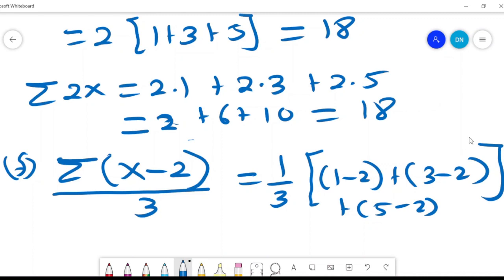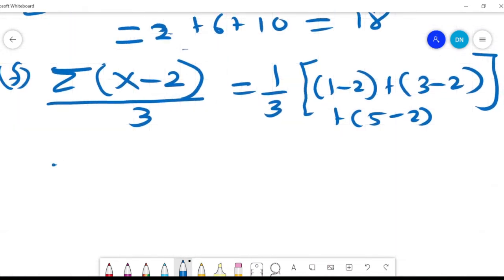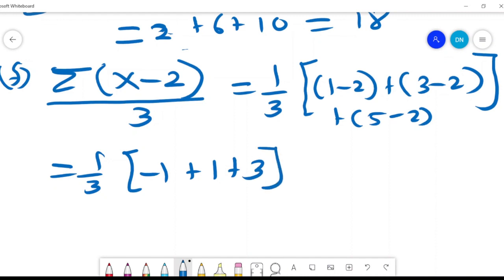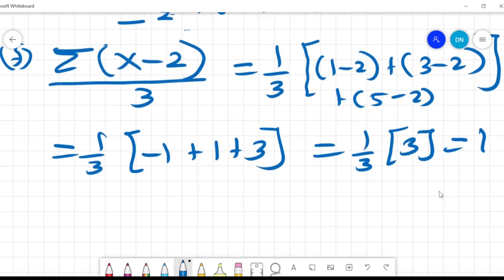That's the equation that we have, because everything is being divided by 3. Therefore, I'll put a third outside. 1 minus 2 is negative 1, plus 1, plus 3, which will be a third times 3, which is equal to 1.